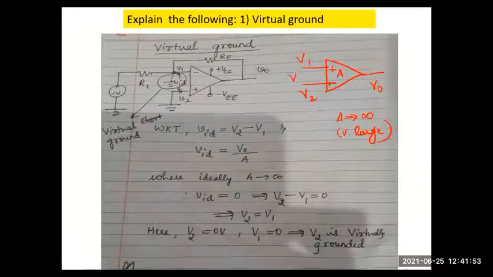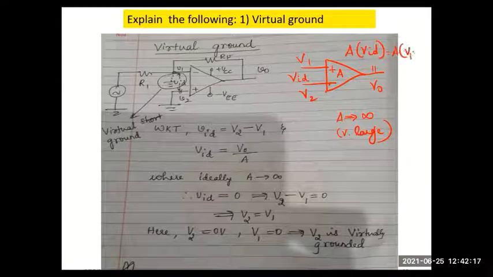So ideally, what should the output be? This op-amp is designed to amplify the difference between the two input signals. So what will the output voltage be? The output voltage of this op-amp will be A into VID, where VID represents the differential input voltage. I can say A into V1 minus V2.